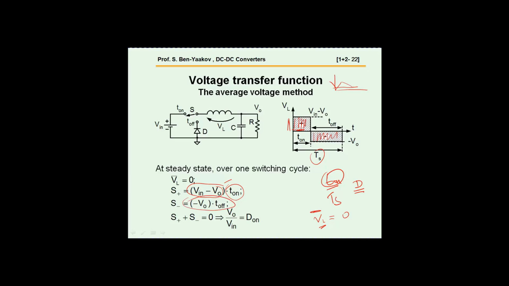And since the average must be 0, these areas must be the same, and you come up with the same expression. So this is just another way to look at it, and I think it's a much simpler, neater and more intuitive way to understand the operation of the buck converter.